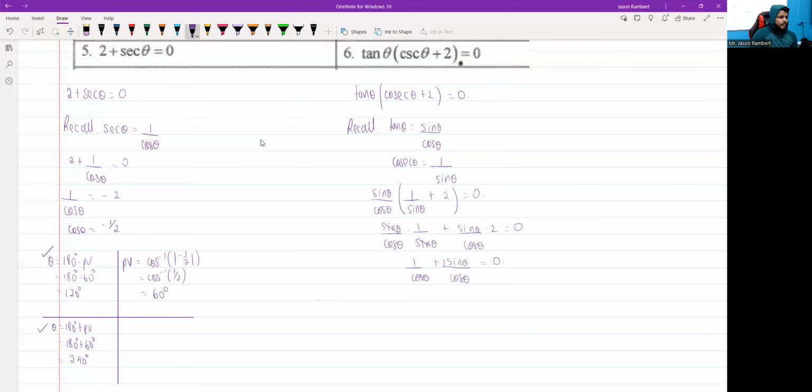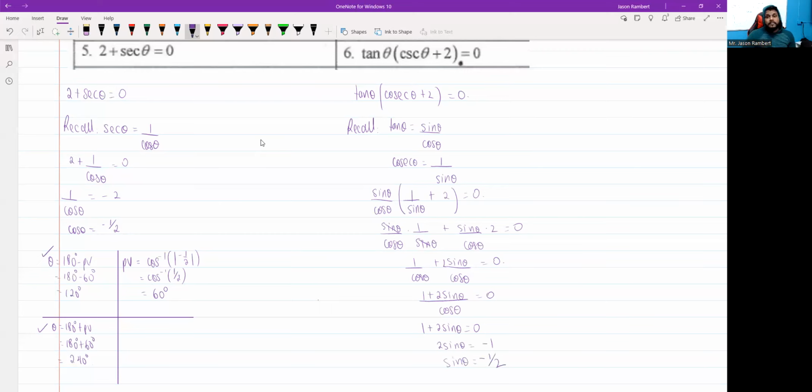Same denominator, 1 plus 2 sine theta over cosine theta is equal to 0. I can do a little cross multiplication here. 1 plus 2 sine theta is equal to 0, and 2 sine theta is equal to -1. Sine theta is -1 over 2.